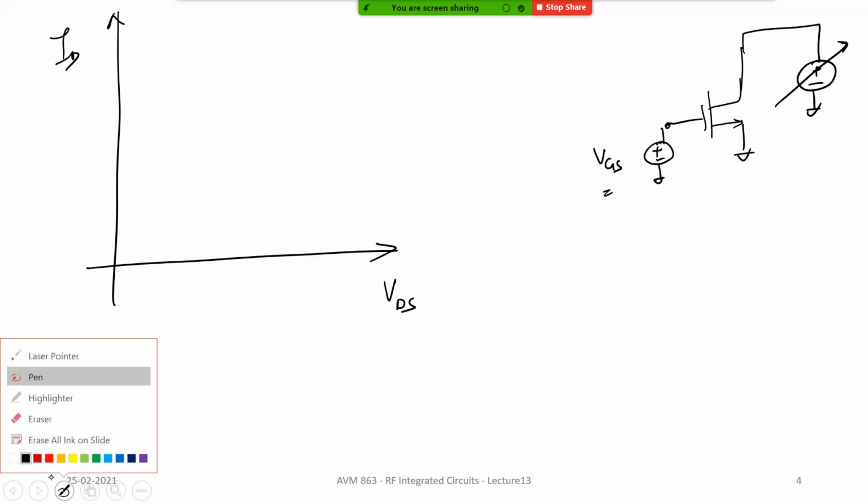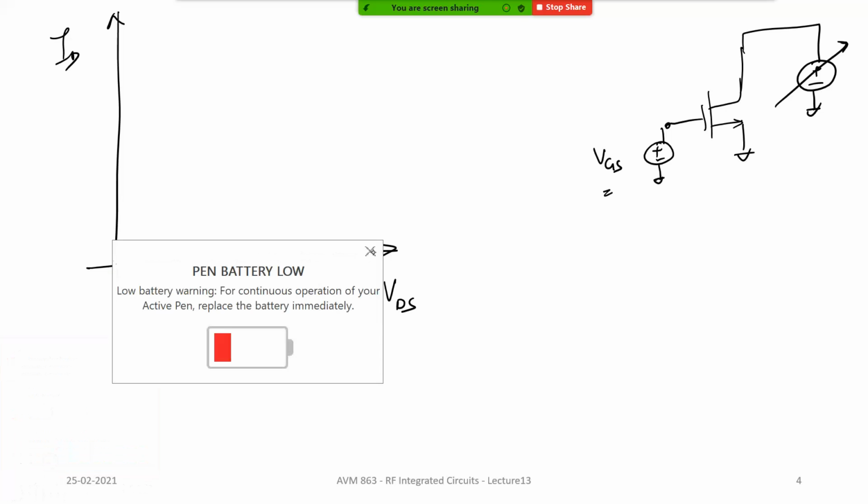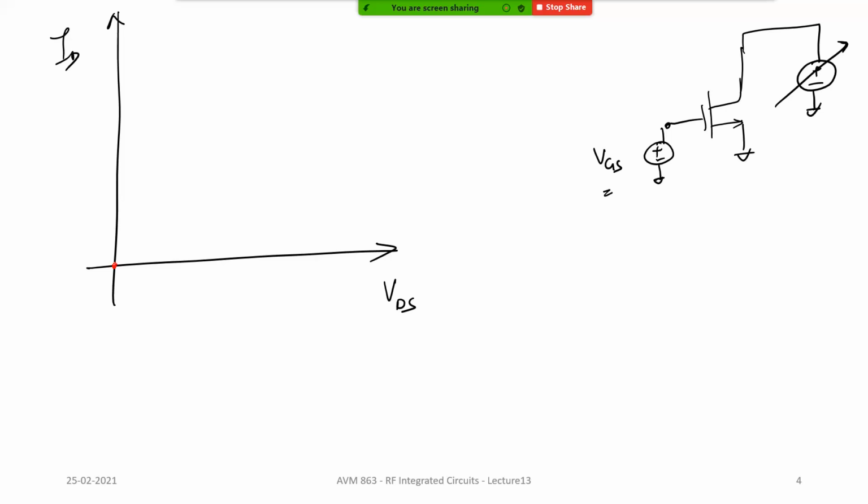So the starting point of this curve is basically here. For VDS is 0, the current flow is 0. Now as you start increasing the VDS slowly, the current starts increasing linearly. Now after a point, what happens? The current starts bending and then the current starts saturating.